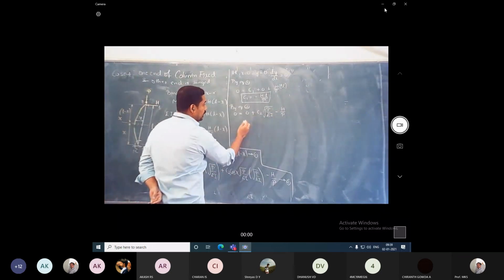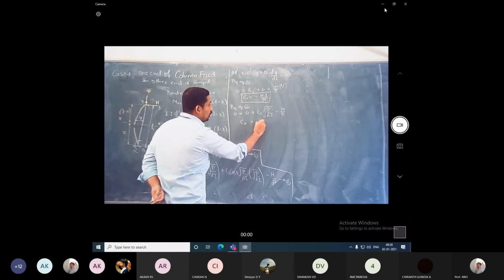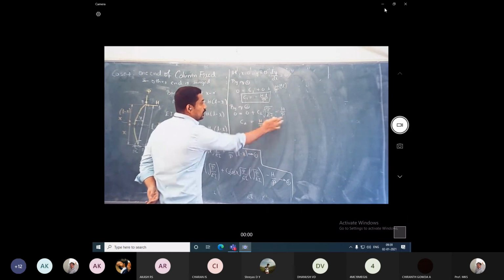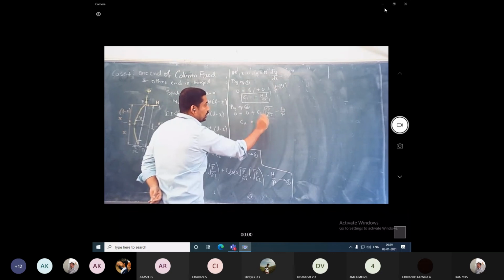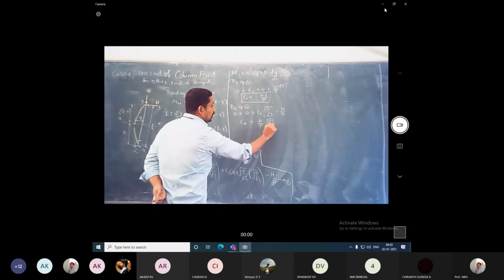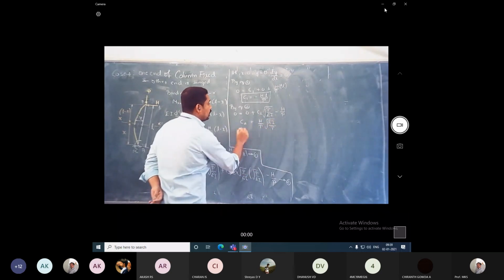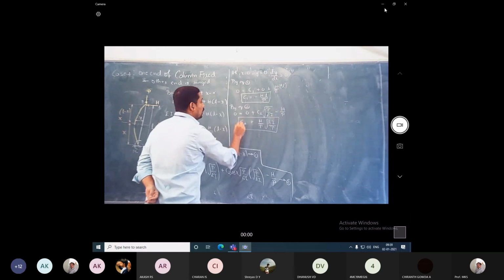When this goes to the other side, C2 will be equal to H by P into root of EI by P.